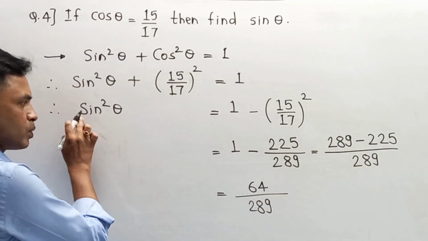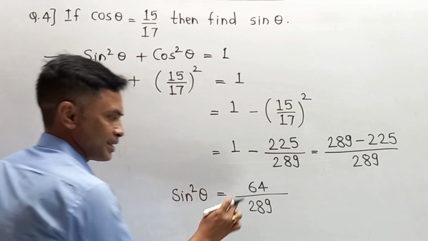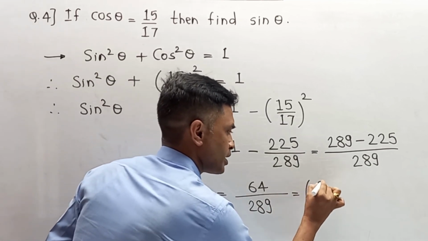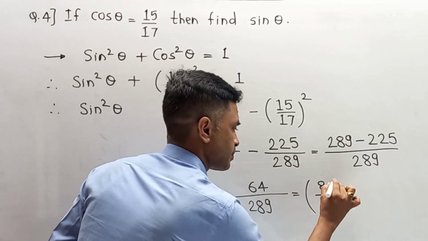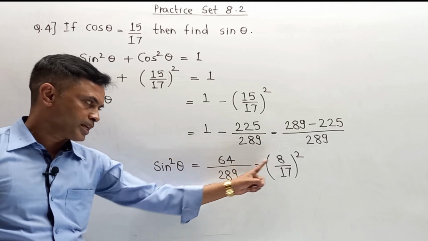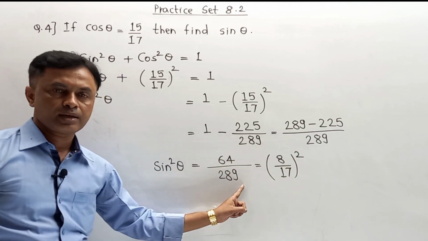Now this is the value of sin square theta, that is 64 upon 289, but again it is (8 upon 17) whole square, because 8 square is 64 and 17 square is 289.